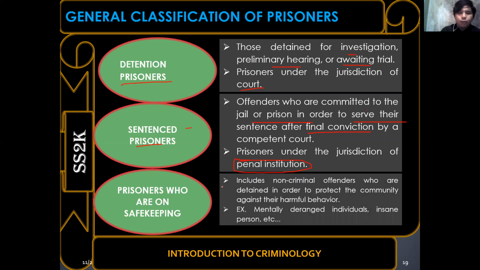Okay? Then, prisoners who are on safekeeping. Yung mga may sinto-sinto, nananakit kasi sa labas. You know, no? So, includes non-criminal offenders who are detained in order to protect the community against their harmful behavior. Like for example, mentally deranged individuals, insane person, pero nakakasakit, no?